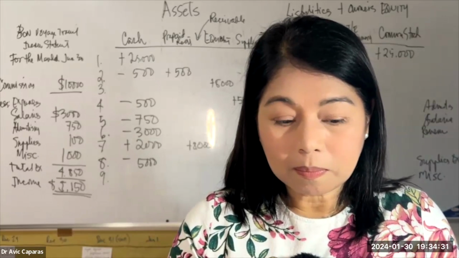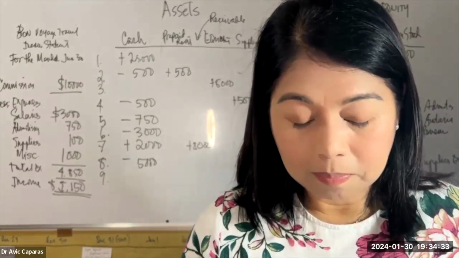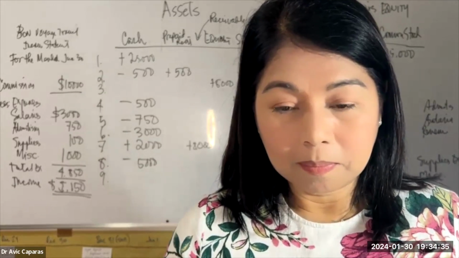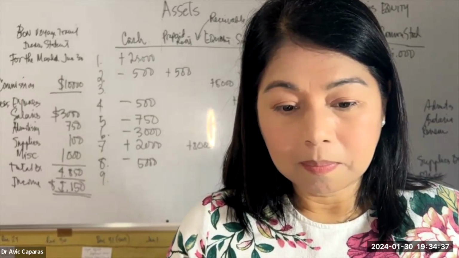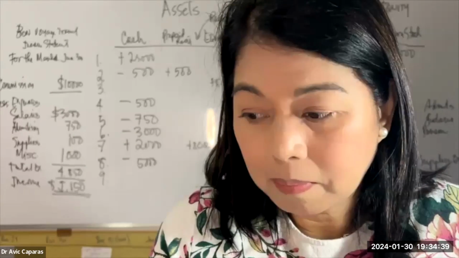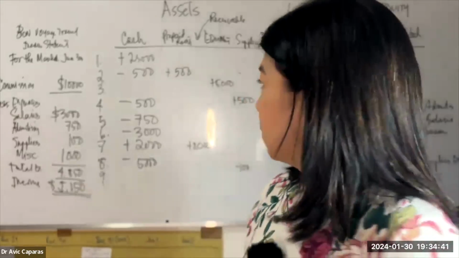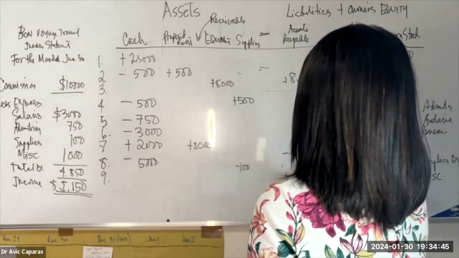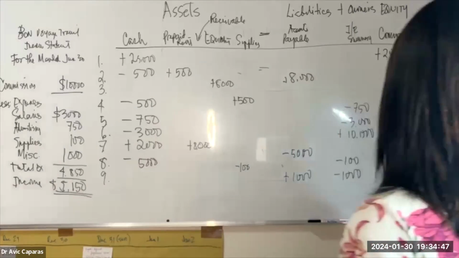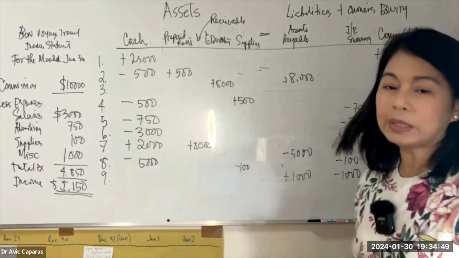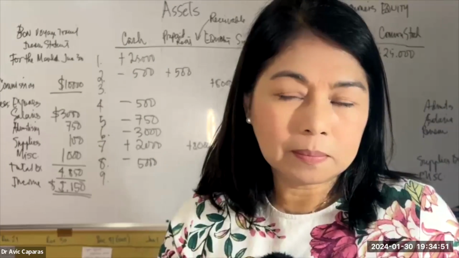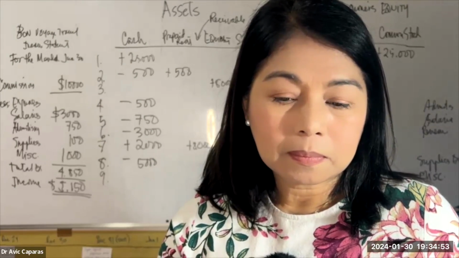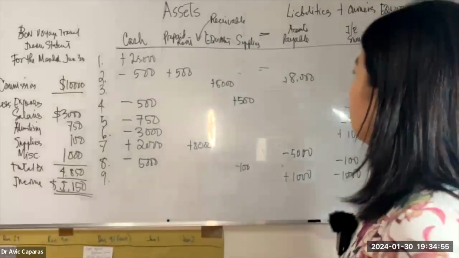For the rent in the journal at the back on the board, what we placed is minus 500 for cash and then minus 500 for equity. Where is that? What number was that? Number 2, the second line.